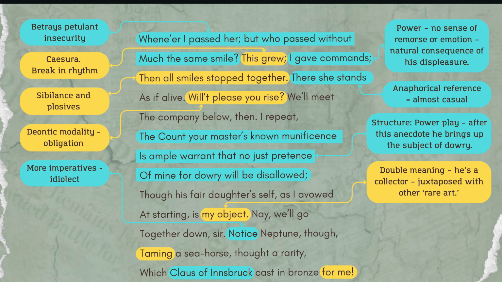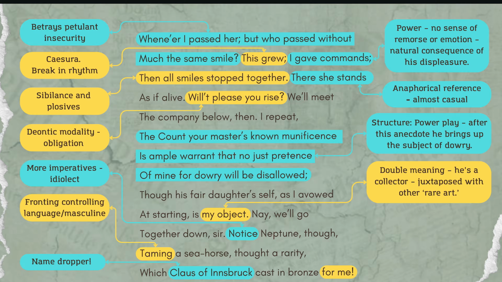Neptune, though, taming a seahorse. Again, fronting, controlling language that's masculine, taming, that stress on the first syllable. Taming a seahorse, thought a rarity, which Claus of Innsbruck, name dropper, cast in bronze for me. The cyclical anaphoric ending betrays his ego.